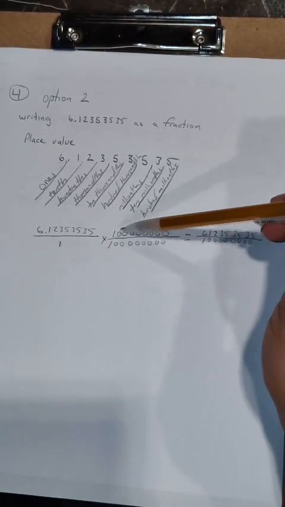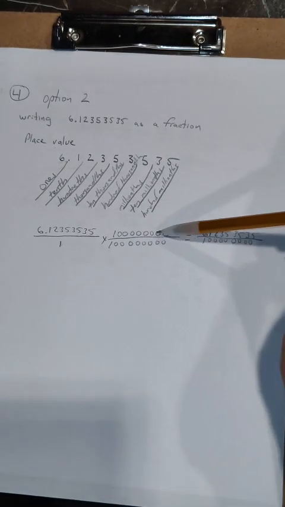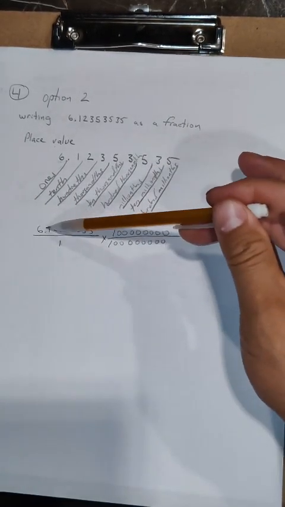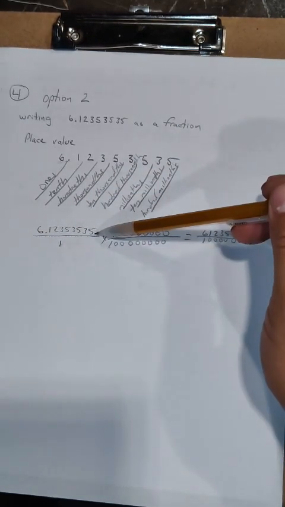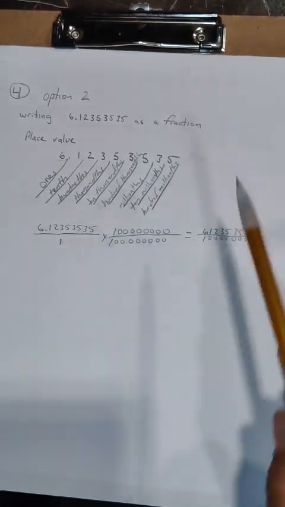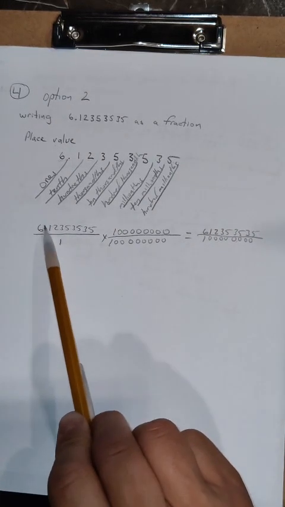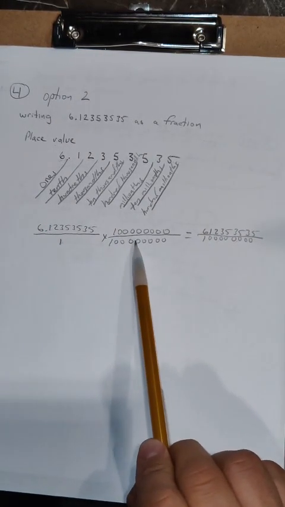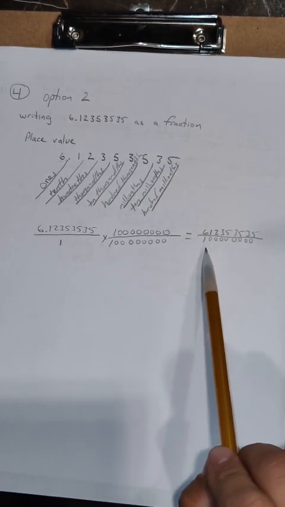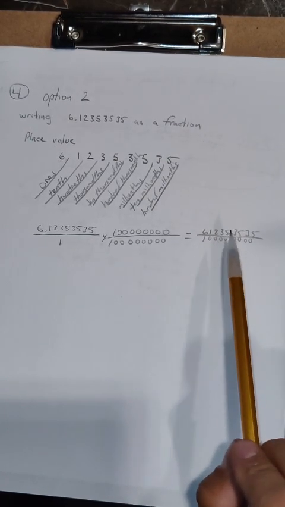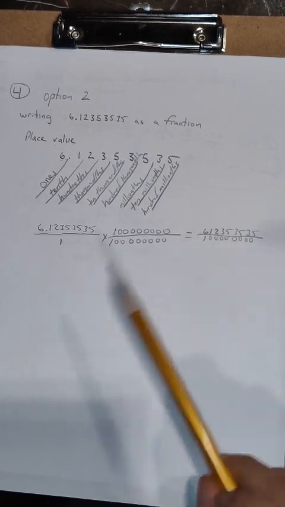The reason why it's going to be 100 million is because it's got 8 zeros in it, and this will move the decimal over 8 places. So this will end up getting it over here, no longer being a decimal. If you multiply this decimal number here by 100 million, you will get this number over here. And this number can be simplified, but it is not necessary here.